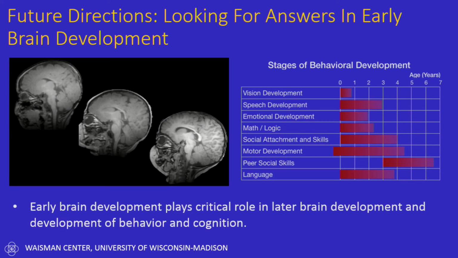Different brain networks are developing as these different behavioral processes are coming online. And so we know that brain development plays this critical role in the development of behavior and cognition, and we want to understand how these processes are linked.